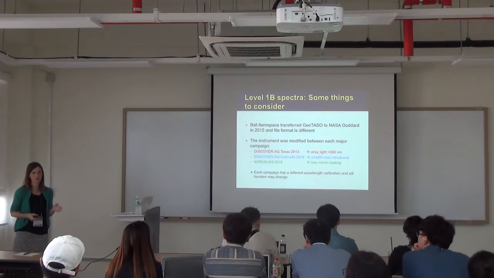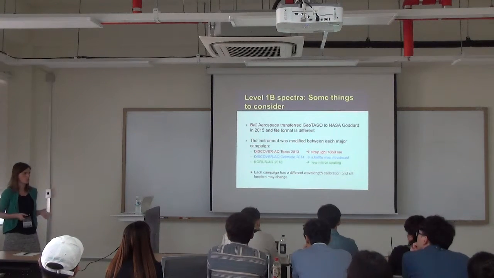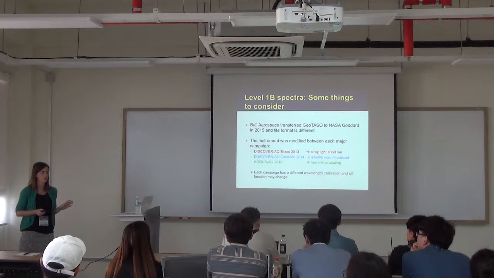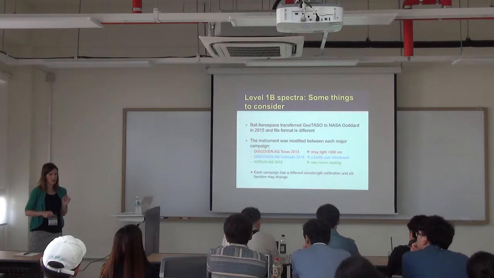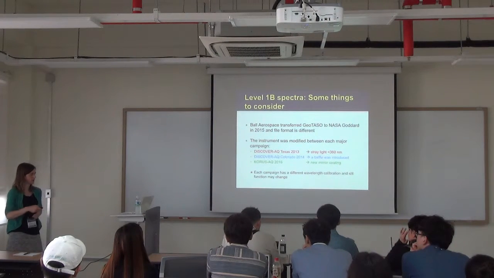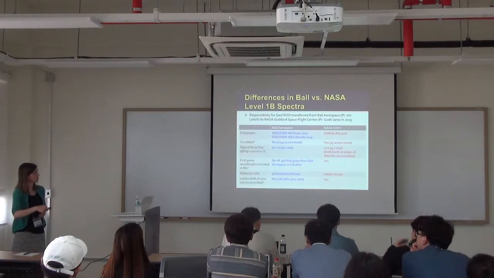But it has a different wavelength calibration. Every time you move an instrument around, refocus it, whatever, it could be slightly different. So if you want the wavelength calibrations, be careful to use the right one. And you can ask me for the first 2 campaigns at least, for the different ones.